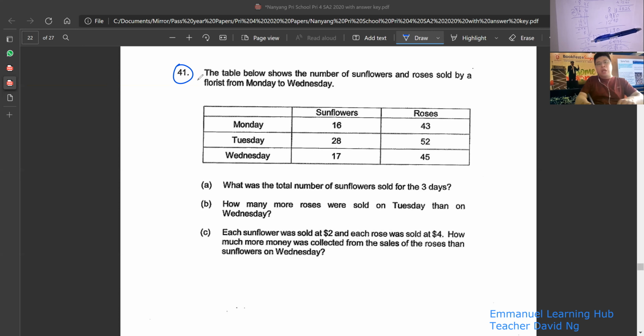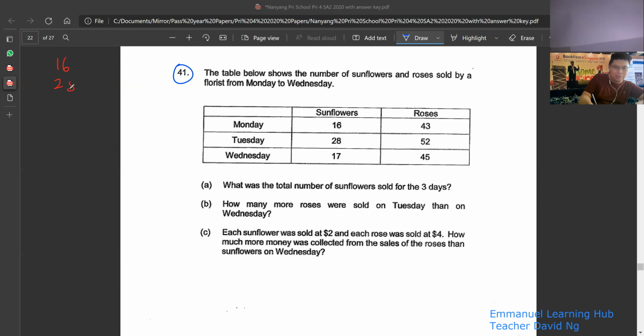The table below shows the number of sunflowers and roses sold by a florist from Monday to Wednesday. What was the total number of sunflowers sold for the 3 days? What must you do? Add everything together. You tell me what to add. 16 plus 28 plus 17. Yes.